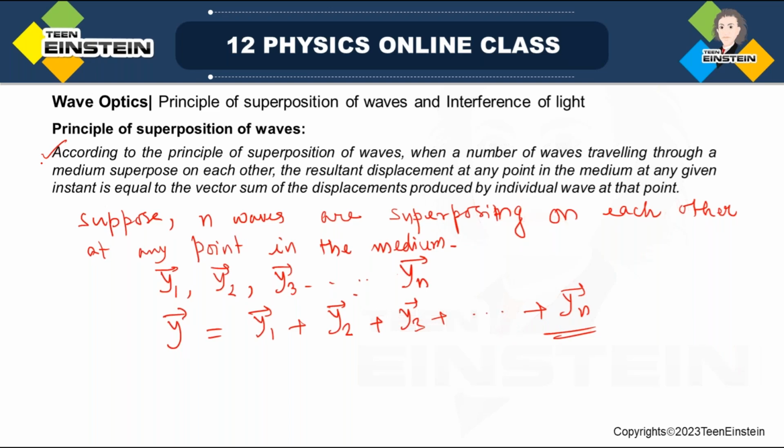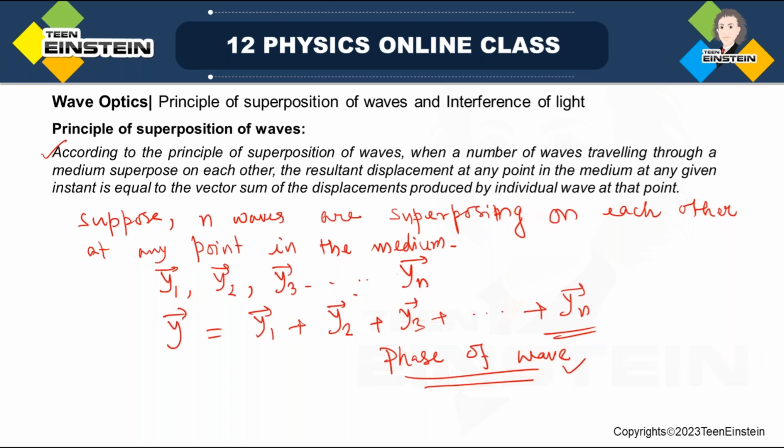Okay, now see, when these waves meet or superpose on each other, there could be, I hope you know the phase of a wave. I'm supposing you know this phase of wave.